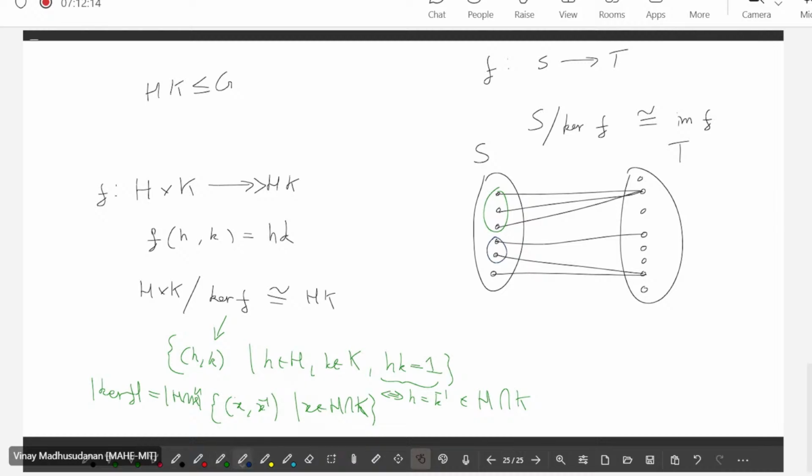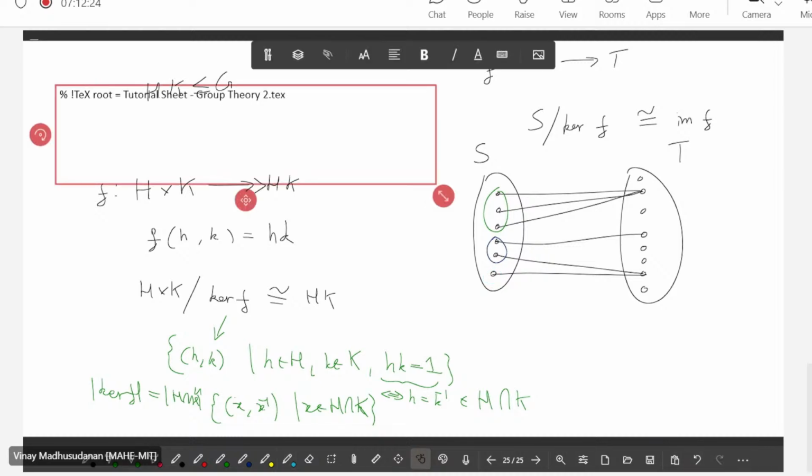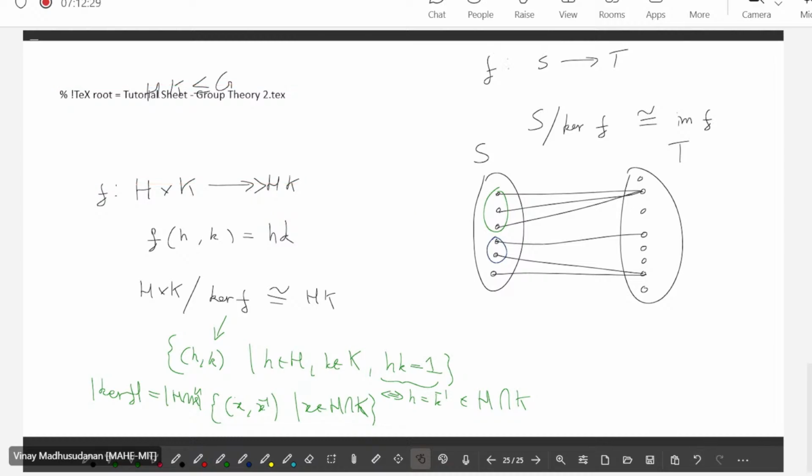These two elements are mapped to the same element. Oh, sorry, I made a mistake. Right, these two elements are mapped to the same element, and this one is okay.